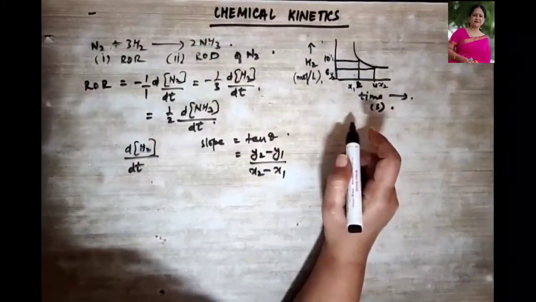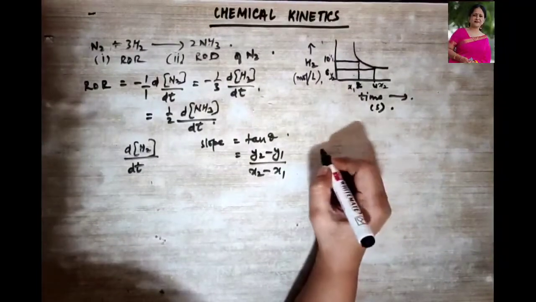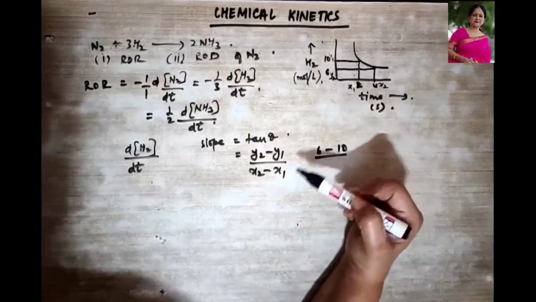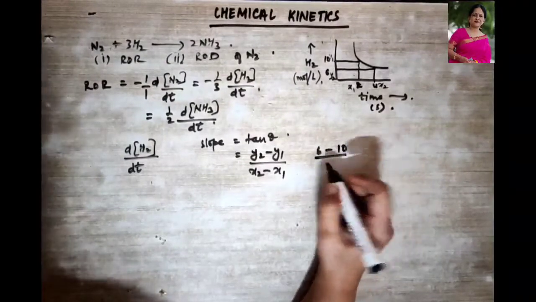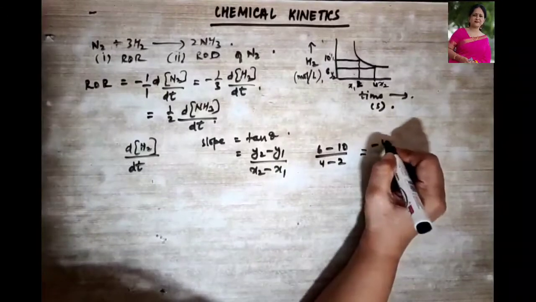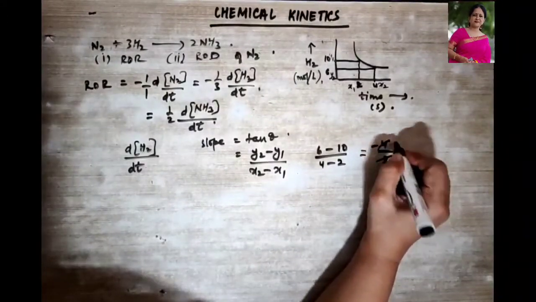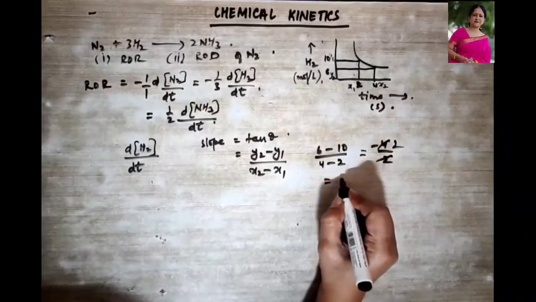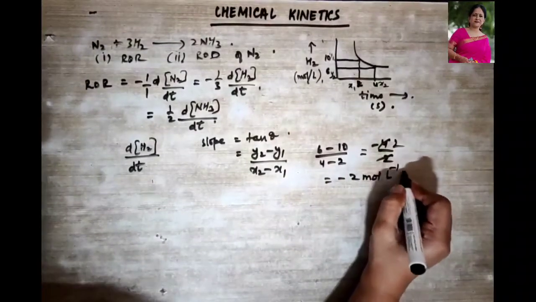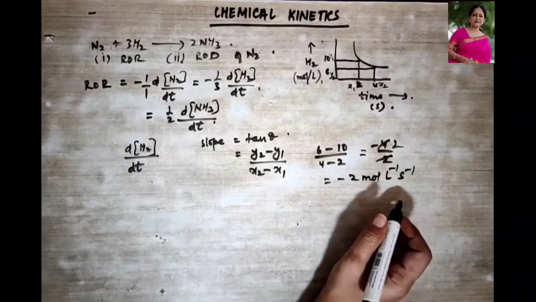So y2 minus y1 means 6 minus 10 upon x2 minus x1. What is x2? 4 minus 2. This is equal to minus 4 upon 2, isn't it? So this becomes minus 2 moles per liter per second, right?